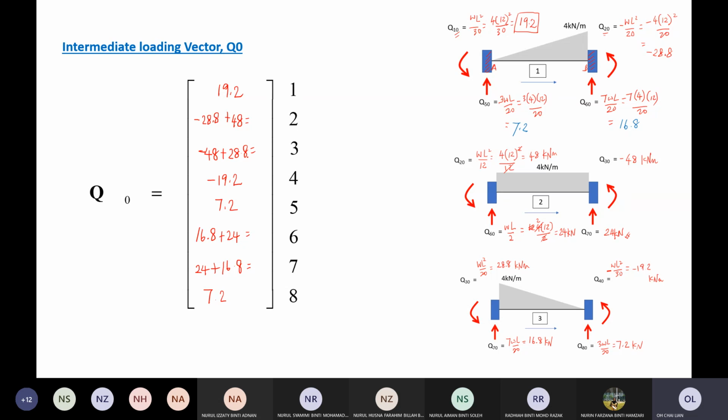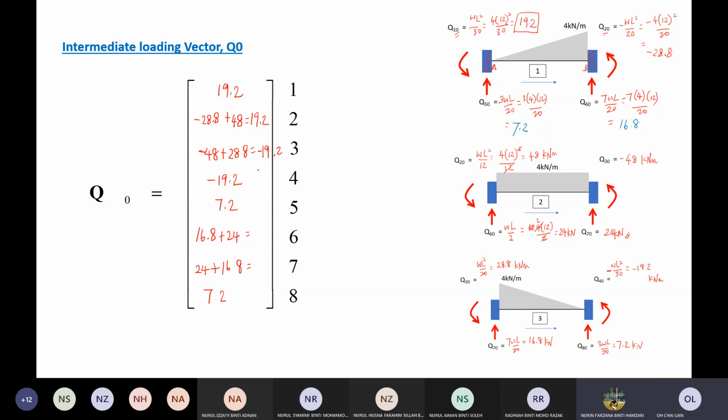Okay? So Q2 not, your answer? 19.2. So how about negative 9? Yeah, negative 19.2.